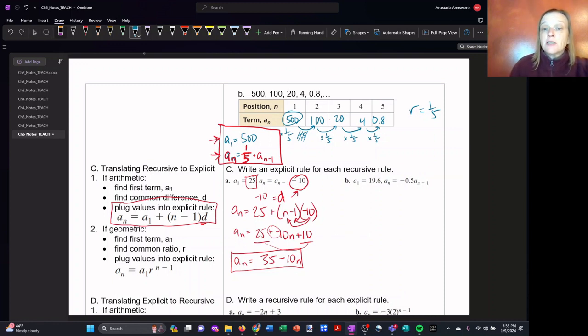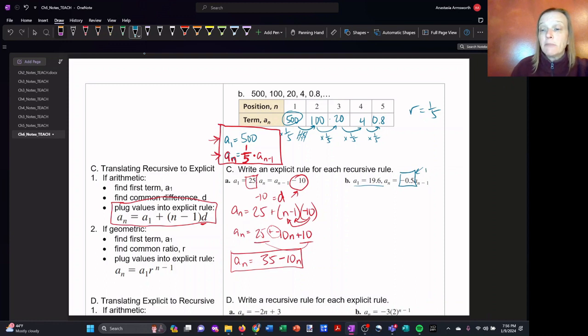Let's look at this next recursive rule and find out how to write an explicit rule for it. Here, I know what I'm starting with, and in my recursive equation, I'm consistently multiplying by a factor. That means this is a geometric recursive rule because I'm continually multiplying by negative 0.5.